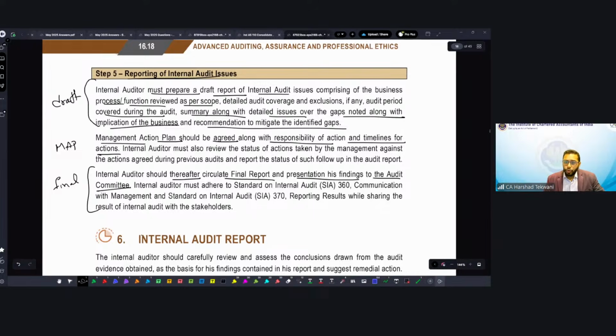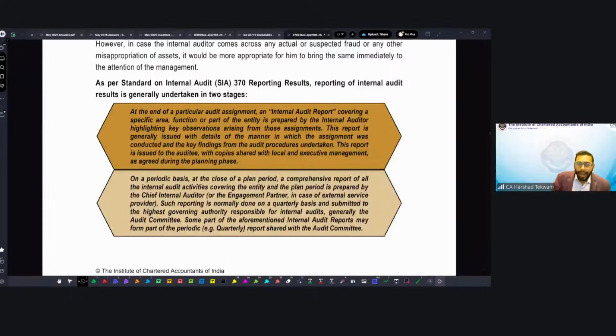There are two stages with respect to reporting the results of the internal audit. At the end of each particular audit assignment, you need to issue an internal audit report covering a specific area, function, or part of the entity, prepared by the internal auditor, highlighting key observations arising from those assignments.